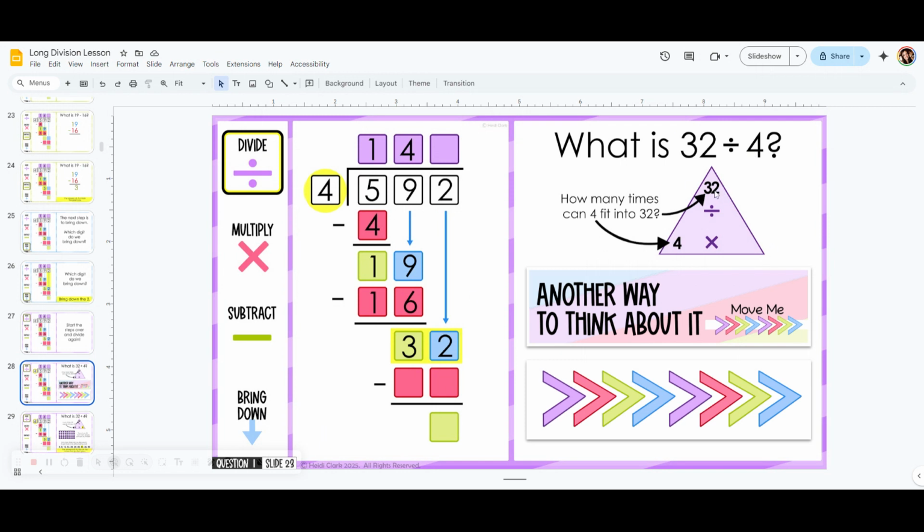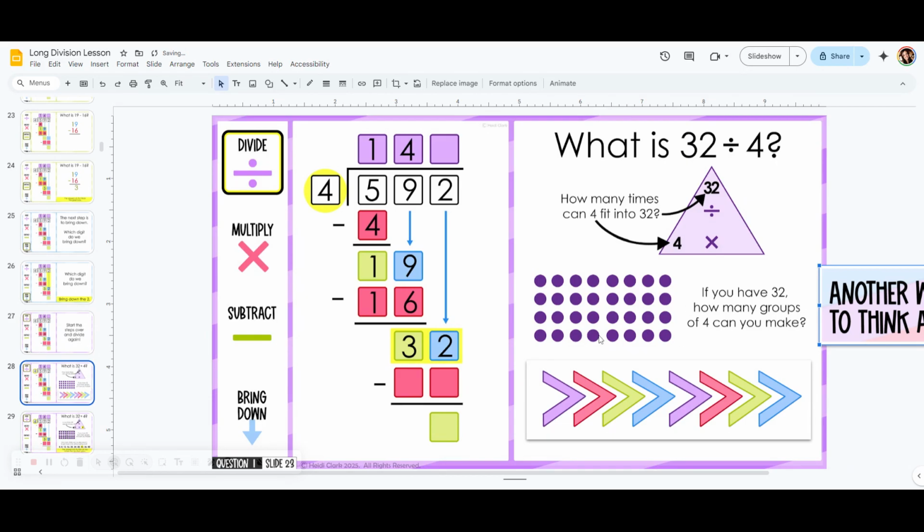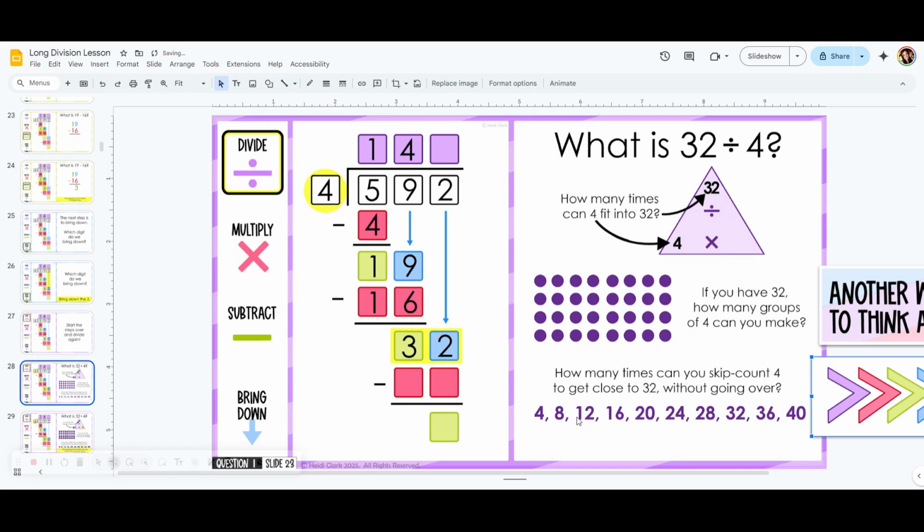So here's our fact triangle, 32 divided by 4, or 4 times what gets to 32. Another way to think about it is if you had 32 circles, how many groups of 4 can you make? There's a group. There's a group. And then the way I like to think about it is how many times can you skip count your 4 to get close to 32 without going over?